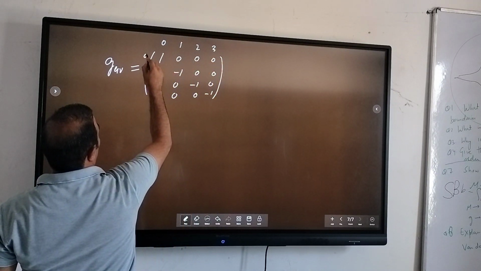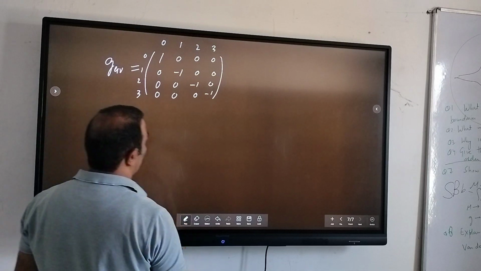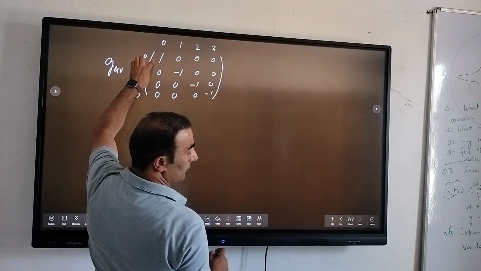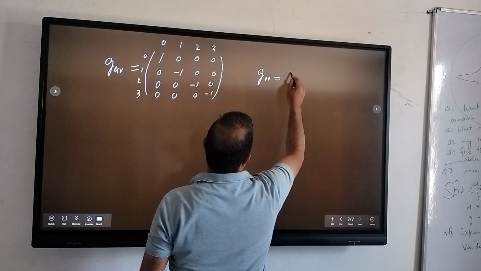So g_00 will be this one. That means our g_00 equal to 1.